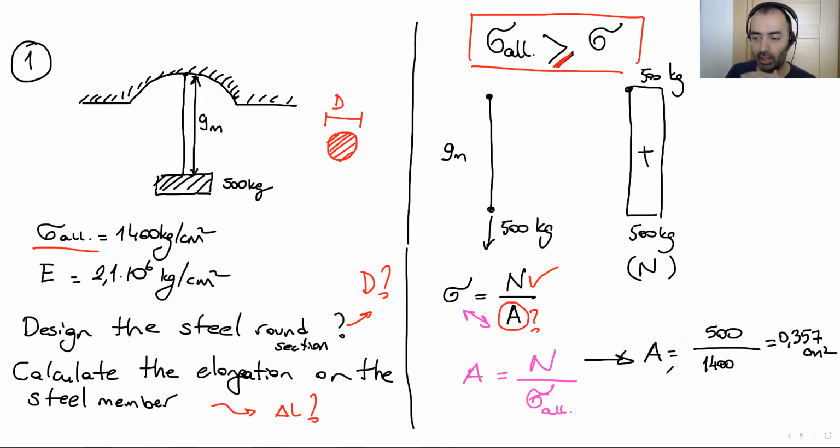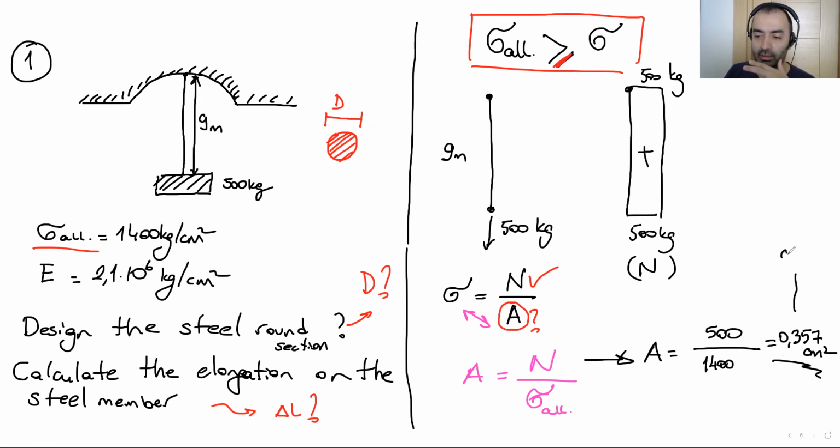By the way, I can use a greater area than this, but I can't use less than this area, because if I use less, my calculated stress will be greater than the allowable stress. For example, this is 0.357 centimeters square. In real life, this is the required area.